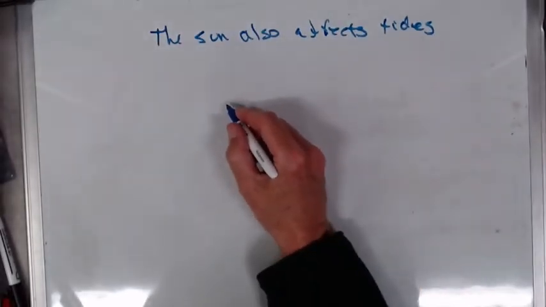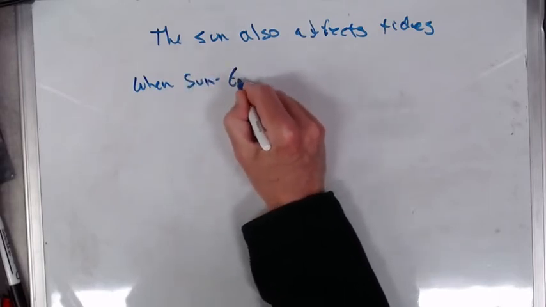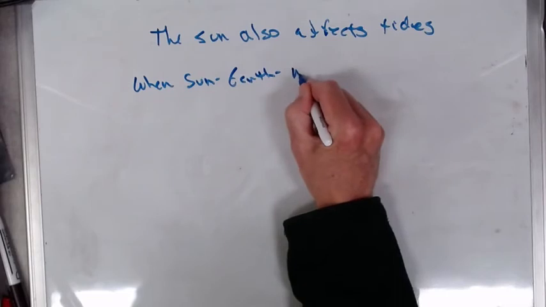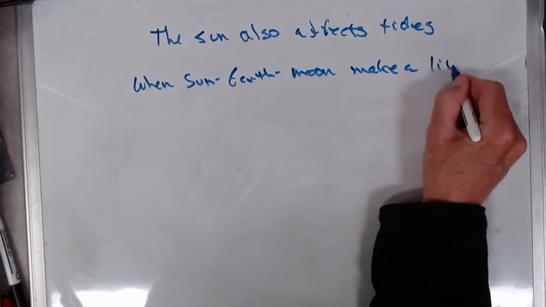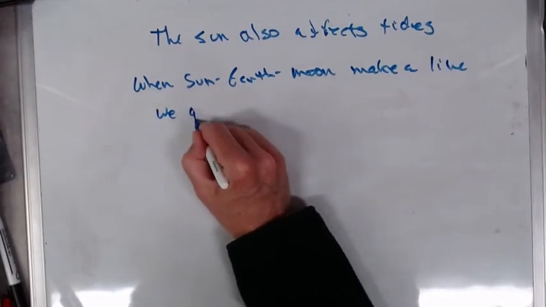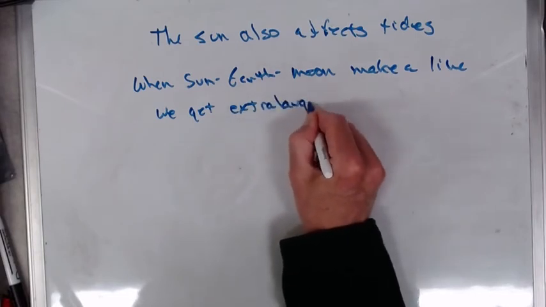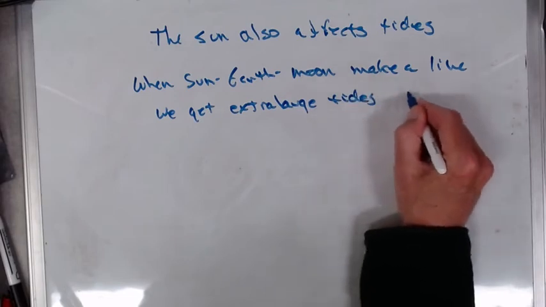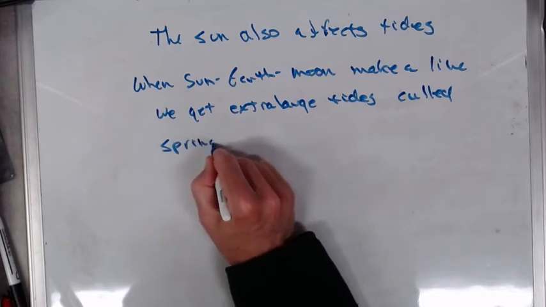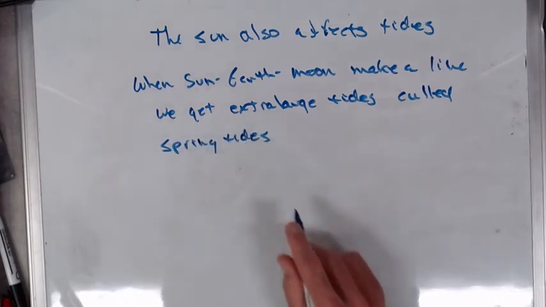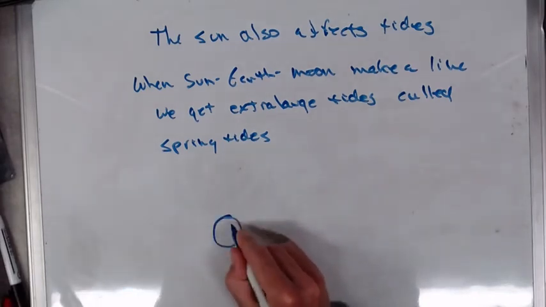So when the sun, Earth, and moon make a line, let's say here's the Earth.